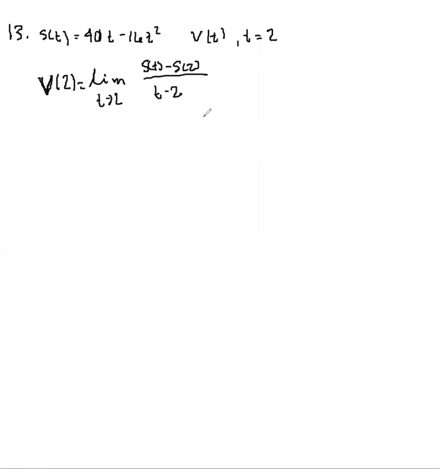Okay, so now we can start putting in what we know. This is S of t, so we can say this is the limit as t goes to 2 of 40t minus 16t squared minus S of 2. So we have to go ahead and find that.